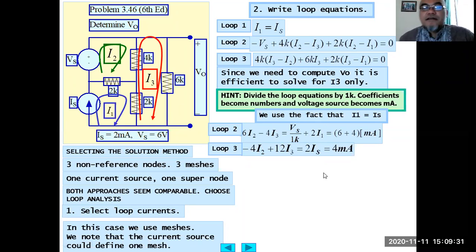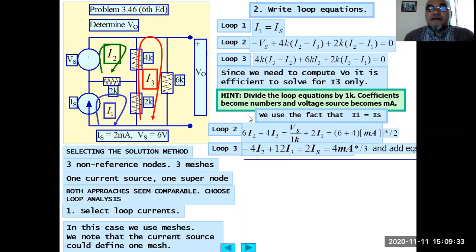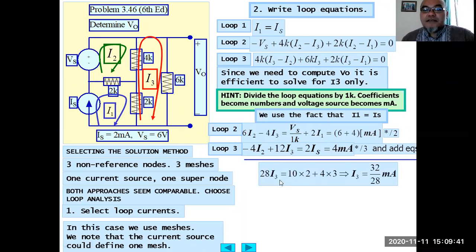From here, we can use substitution and elimination to eliminate the parameters. What we are concerned with is I3, so we just eliminate I2. We multiply the loop 2 equation by 2 and the loop 3 equation by 3.